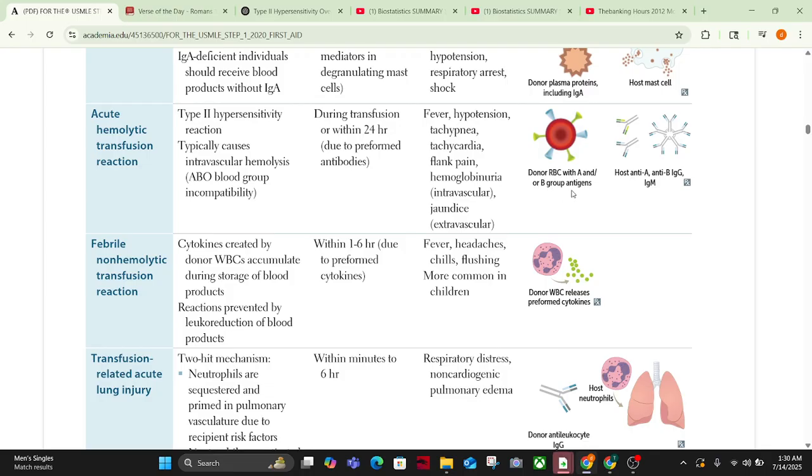So here you have A and B antigen on the red blood cell membrane. And here it says host, anti-A, anti-B, IgG, and IgM. So they're saying the recipient of the blood transfusion has A antibody or B antibody in the plasma.